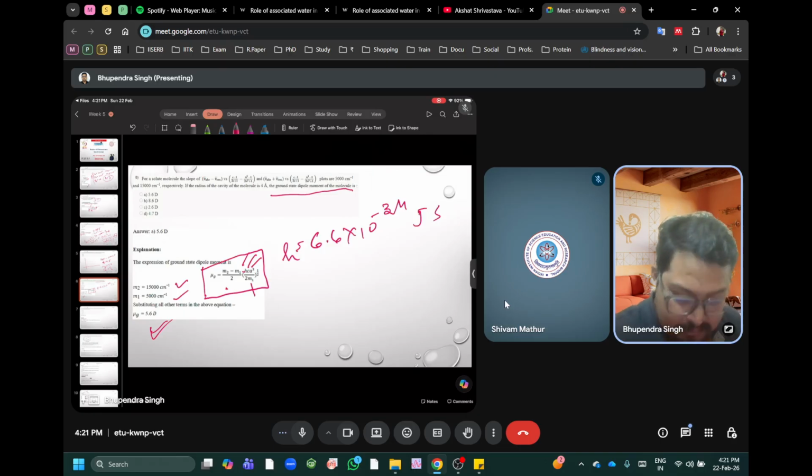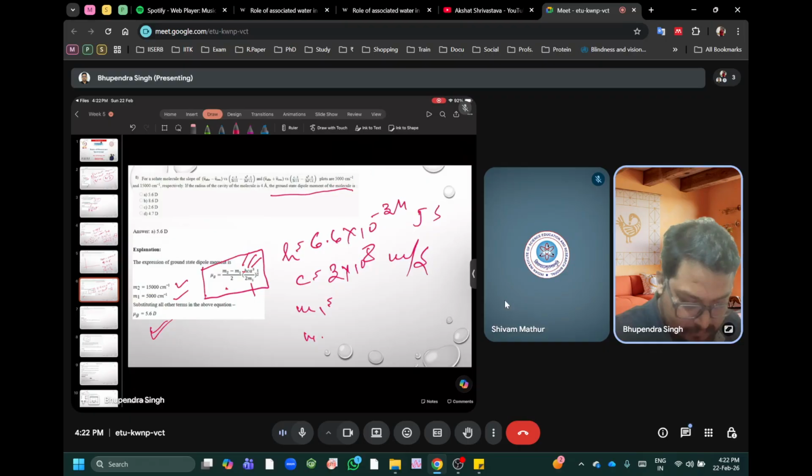In joules. And c is 3 into 10 to the power 8 meters per second. The rest you know, for this M1 and M2. M1 you know, M2 you know.